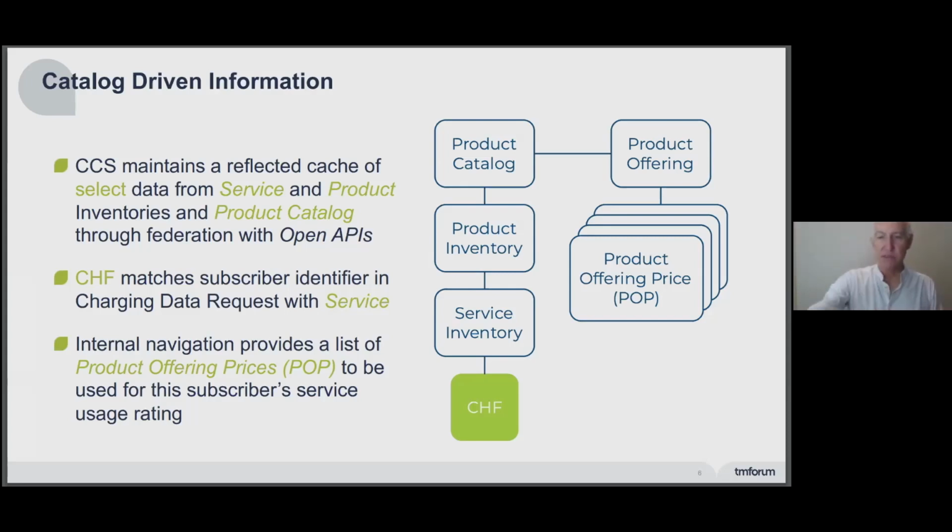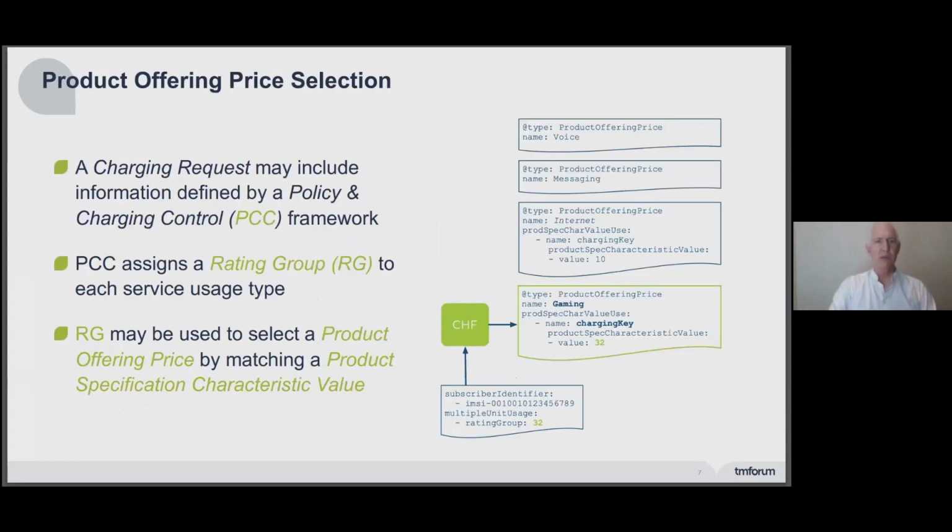So the next step is that the CHF will need to filter out the prices that don't apply. So firstly, if it's data usage, then a voice or a messaging product offer price wouldn't apply. So we can strip those out.